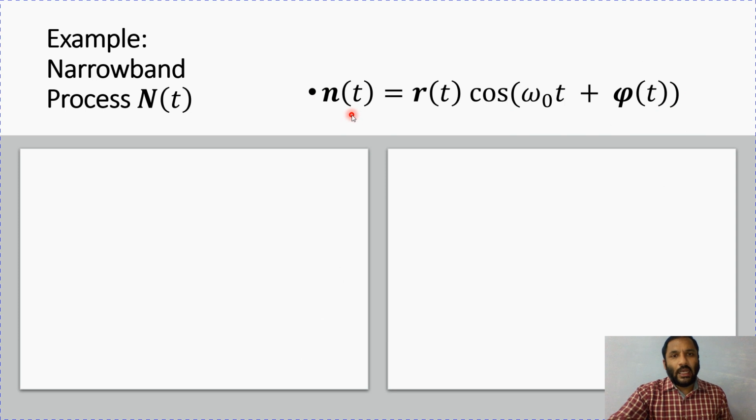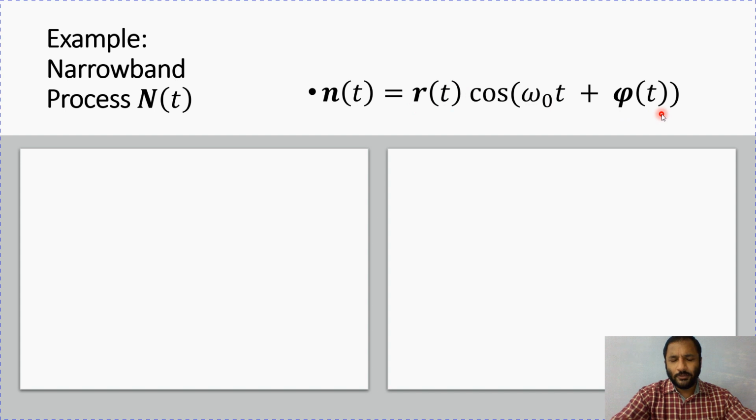Now n of t is one variable in that process, and it is equal to r of t, which is another random process. We have looked at a similar equation and a similar random process before. However, that capital R was independent of time, and the phase was also independent of time.